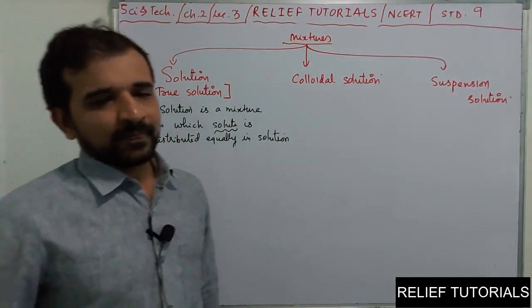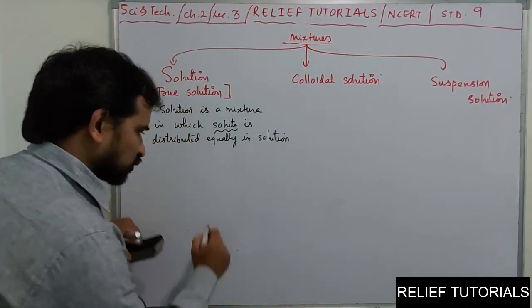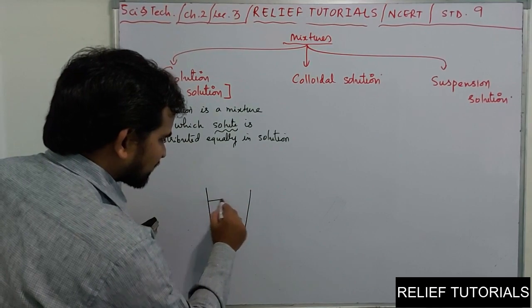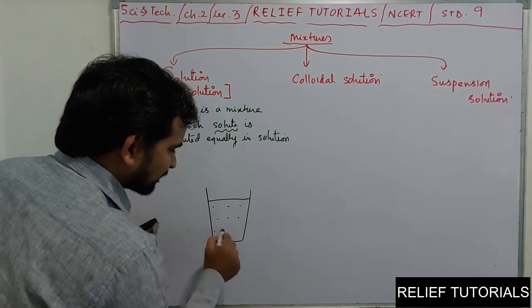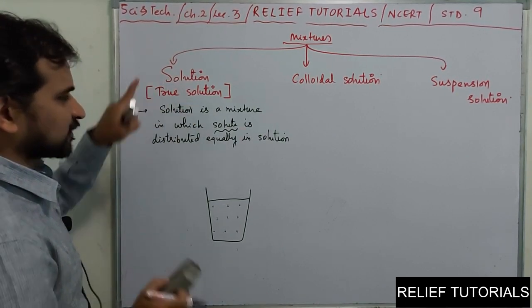We have seen that salt is dissolved in water, so salt particles are distributed equally everywhere. So that is called a true solution, a solution.